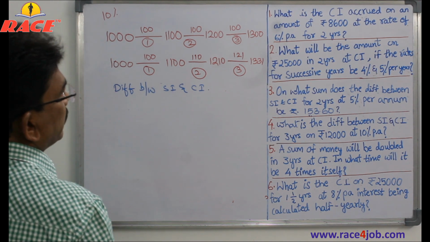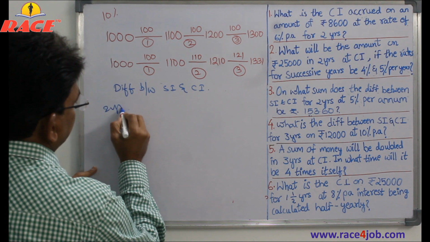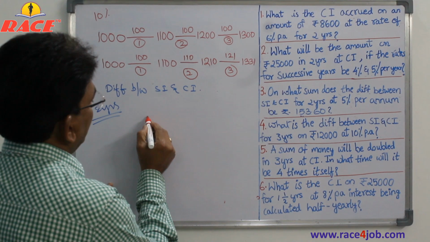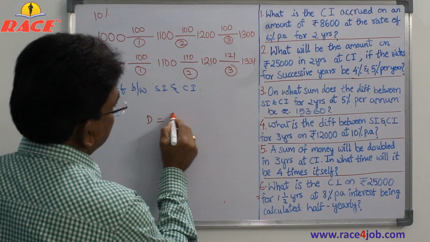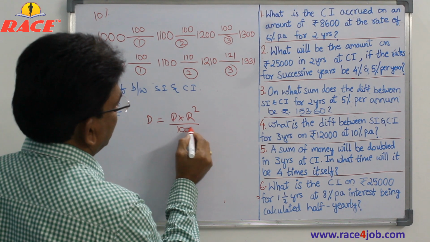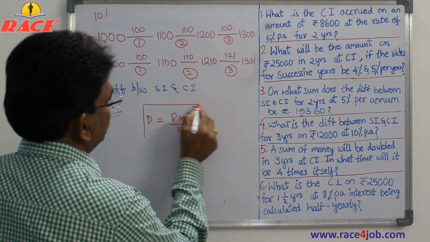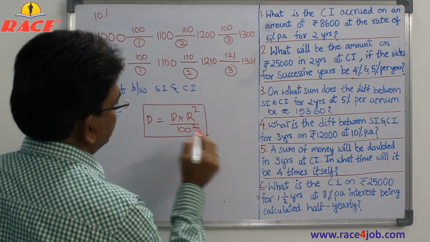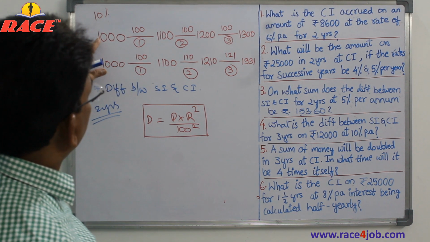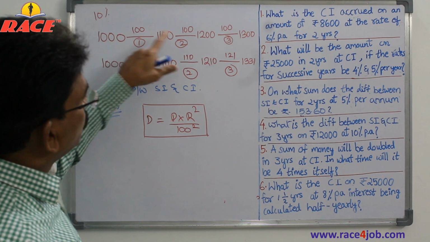If it is for 2 years, then the difference is P into R square by 100 square. Simply use this formula.